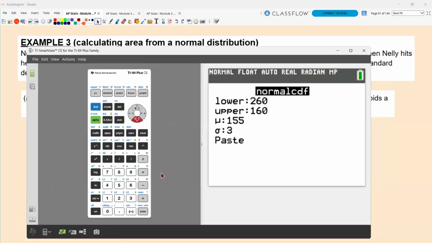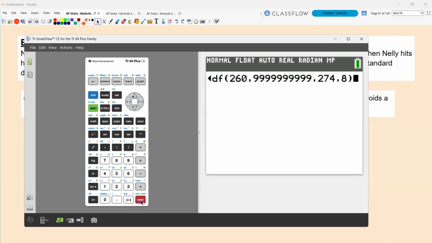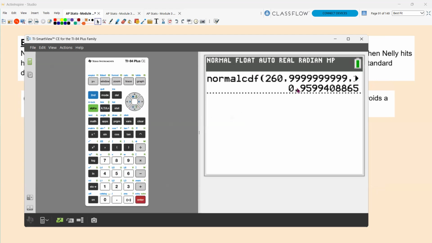To mimic positive infinity, you can do a bunch of nines, 9999, or you can write 1E99 if you can do that in the calculator. Keep your mean and standard deviation from the problem. So the mean is going to be 274 while the standard deviation is 8. We'll go down and paste, and you'll get a percentage of about 95.99%.